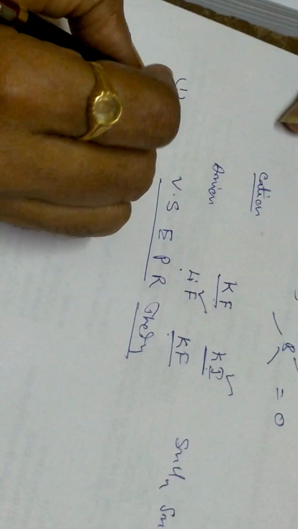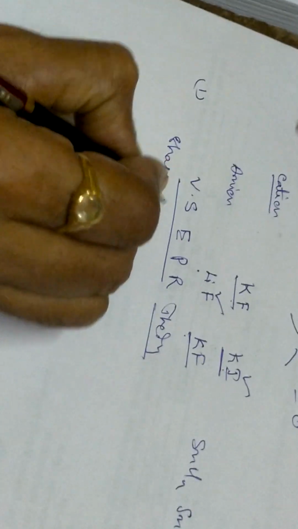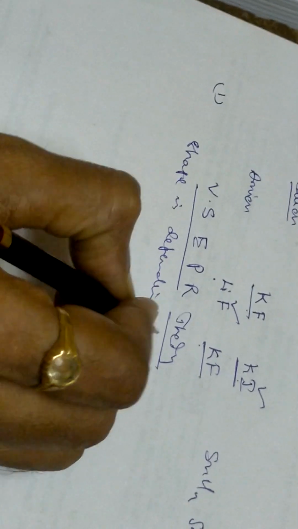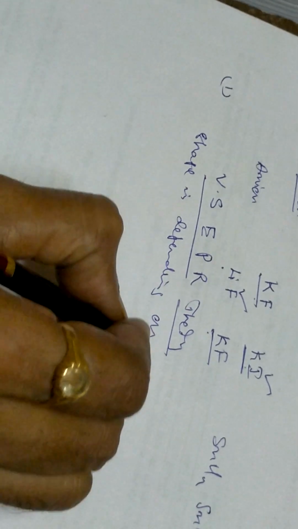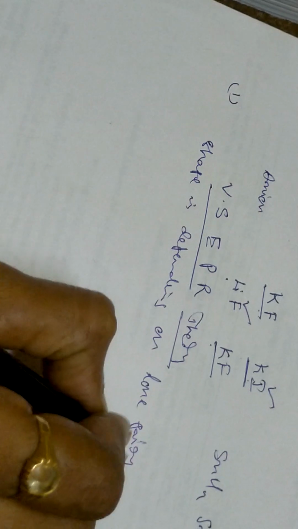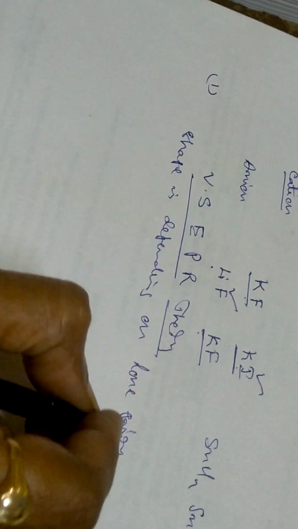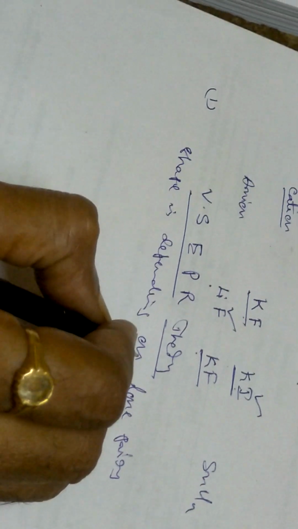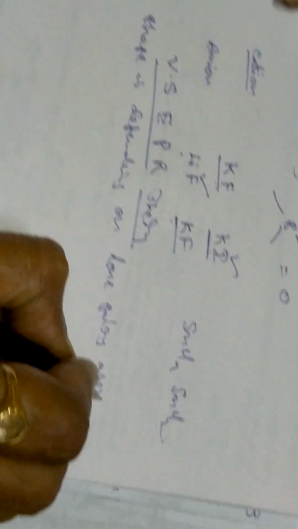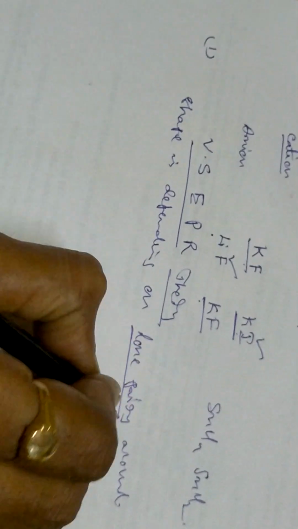Rule number 1: the shape depends on the lone pairs around the central atom.